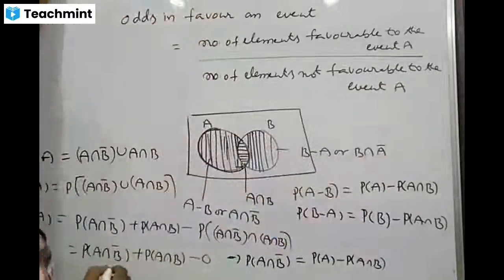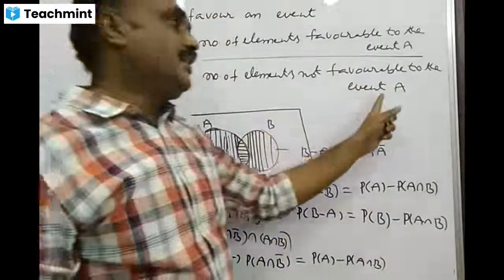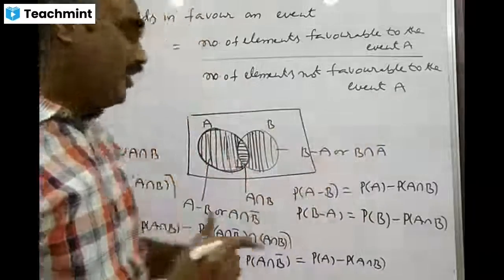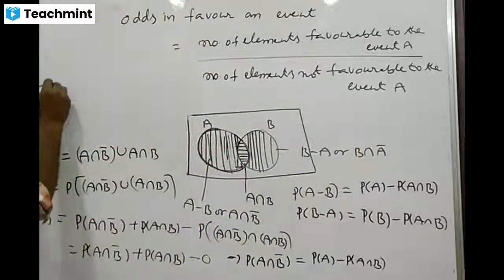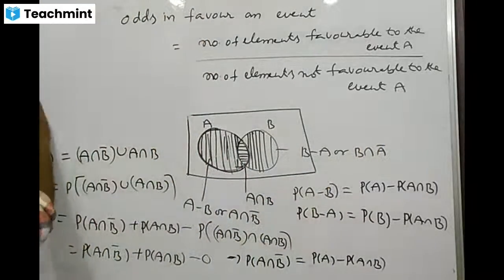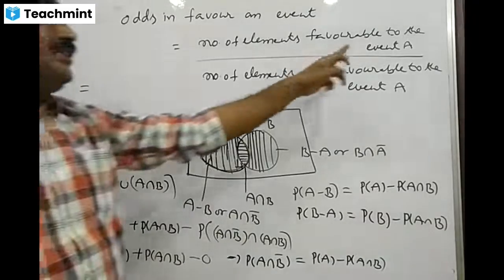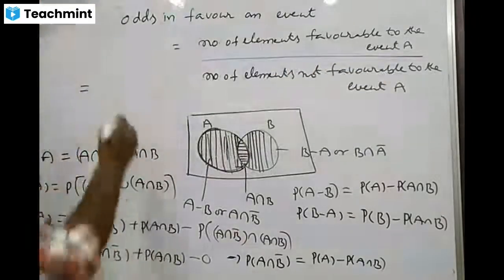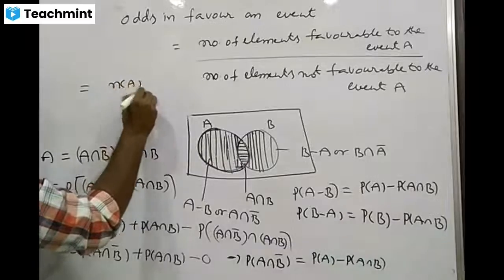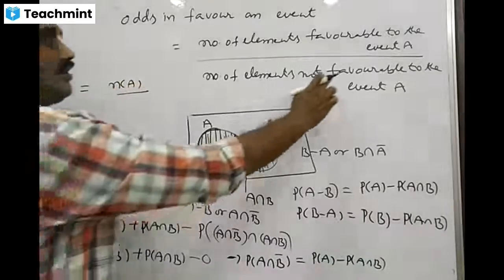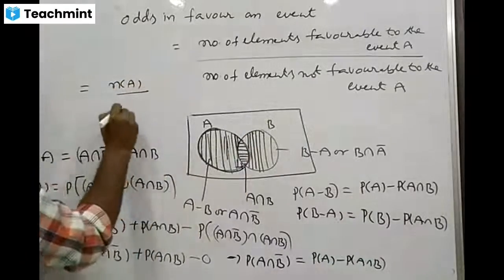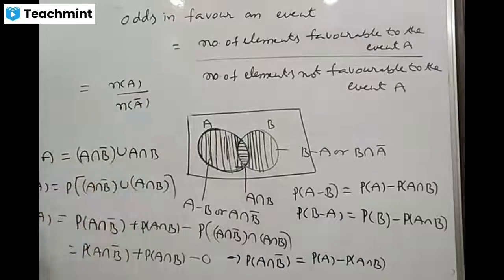So the number of elements favorable to the event A is N of A. Number of elements not favorable to the event A is N of A bar.